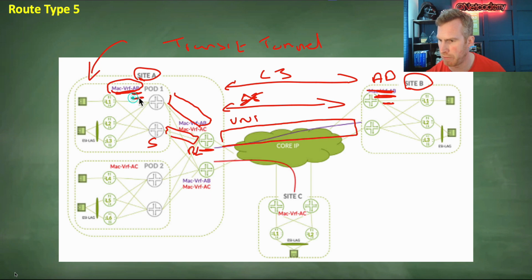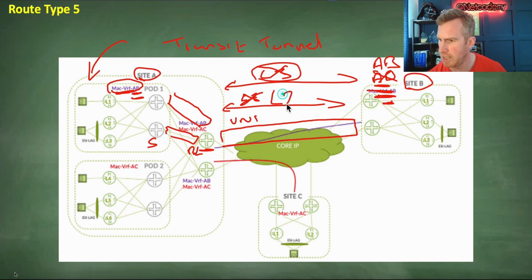So we've got MAC VRF AD here, AB there, but now we've got MAC VRF AD over here in site B. So there'd be no real need to provide layer 2 tunneling. So layer 3 in such a scenario would be more than enough to advertise those prefix information. But if this was AB, as it actually is in the diagram, then layer 3 might not be enough.